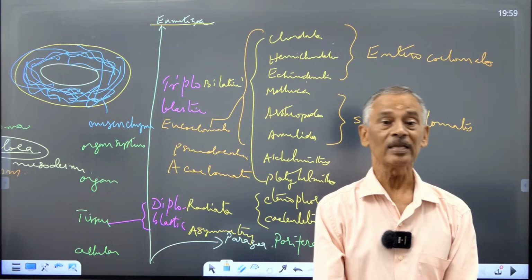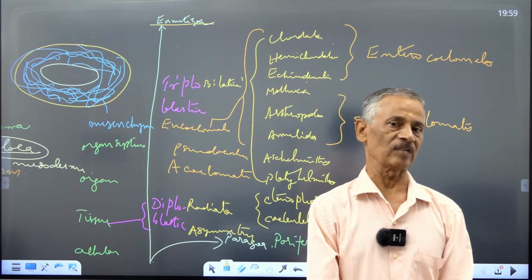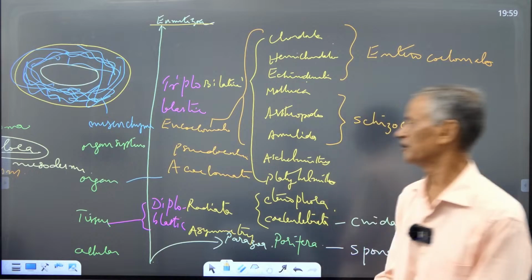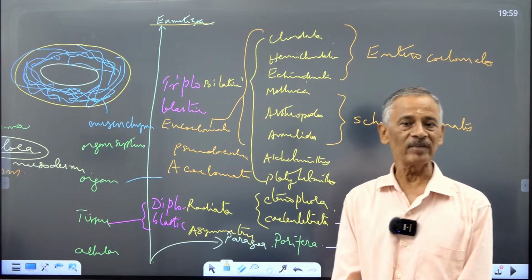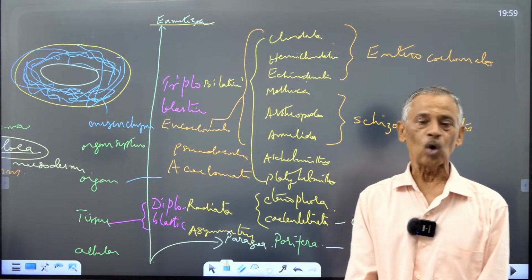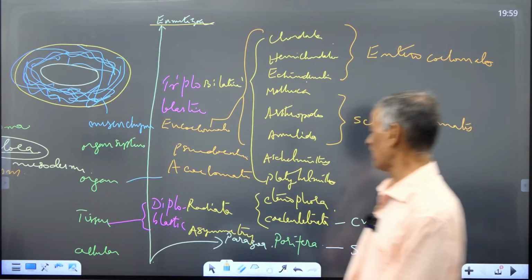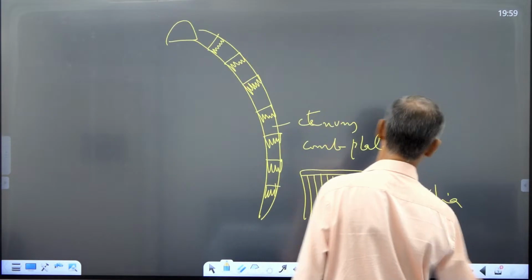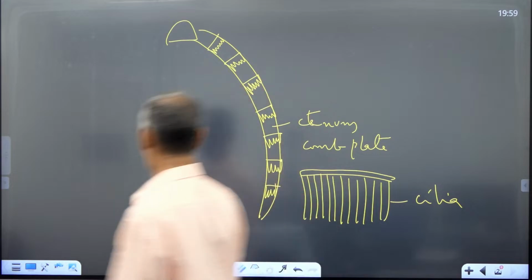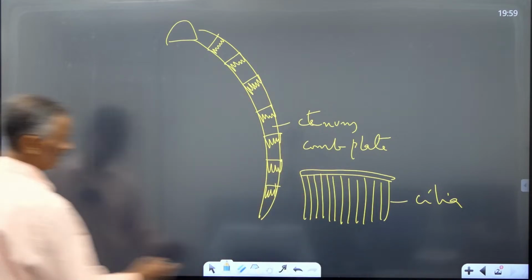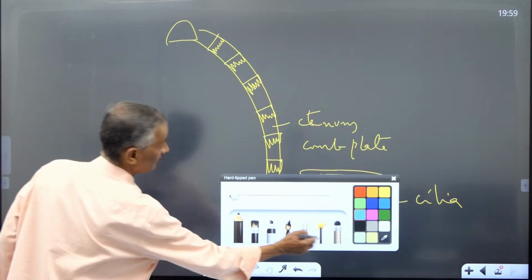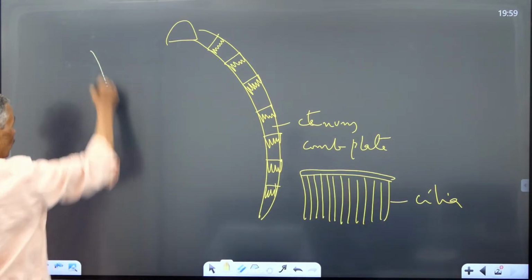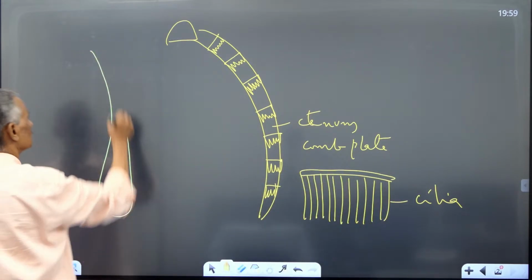They have organ grade of organization, and you have flame cells or protonephridia. What is protonephridia? Protonephridia are specialized cells concerned with sending out waste materials.